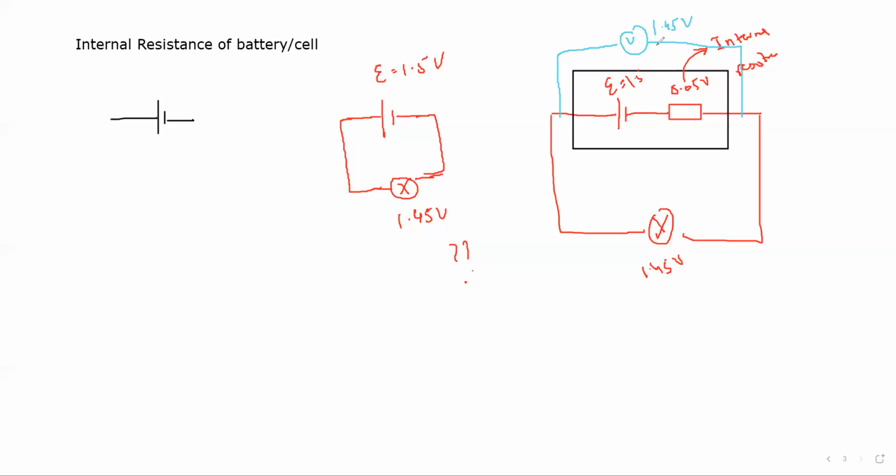So how do we represent that? A cell with internal resistance: the maximum voltage, or the EMF, which the cell can provide is E. The internal resistance is denoted by small r. To distinguish that it is an internal resistance, it is denoted by small r.